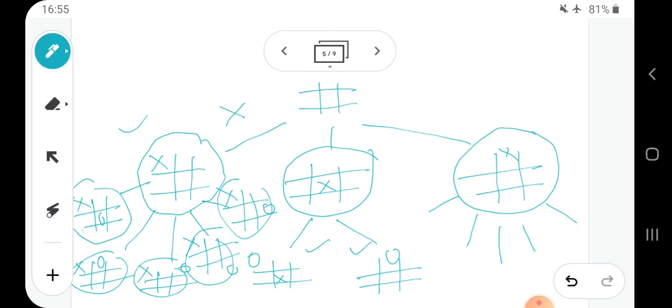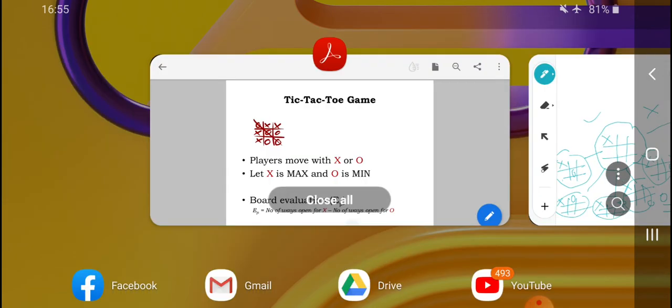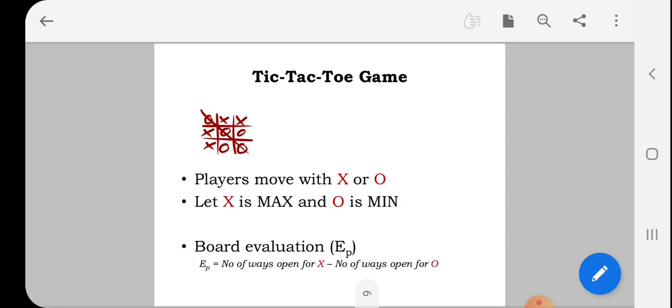Now finally, each of these board positions can be evaluated based on one particular equation, which is the board evaluation EP. In this board evaluation EP, the equation suggests the number of ways open for X minus the number of ways open for O. That means the number of ways X can win the game and the number of ways O can win the game.